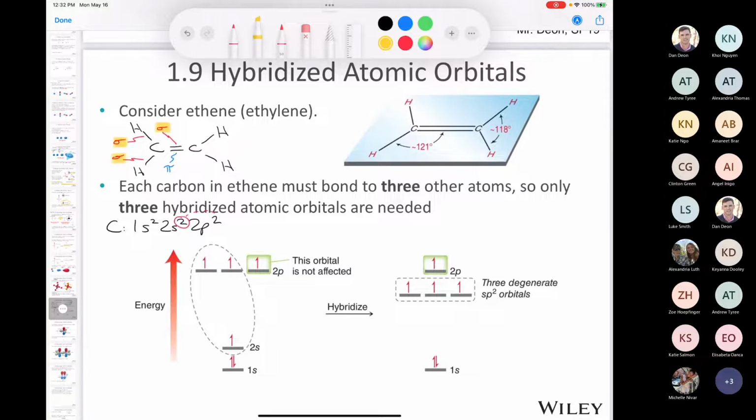And so I mix the 2s orbital with 2 of the 2p's to make 3 degenerate sp2 orbitals, and I leave one of them by itself. That's the one that I use to make the pi bond. It's in the 2p orbital, but again, it's unhybridized. So these are the ones that are used to make the sigma bonds, and this one is used to make the pi bond.